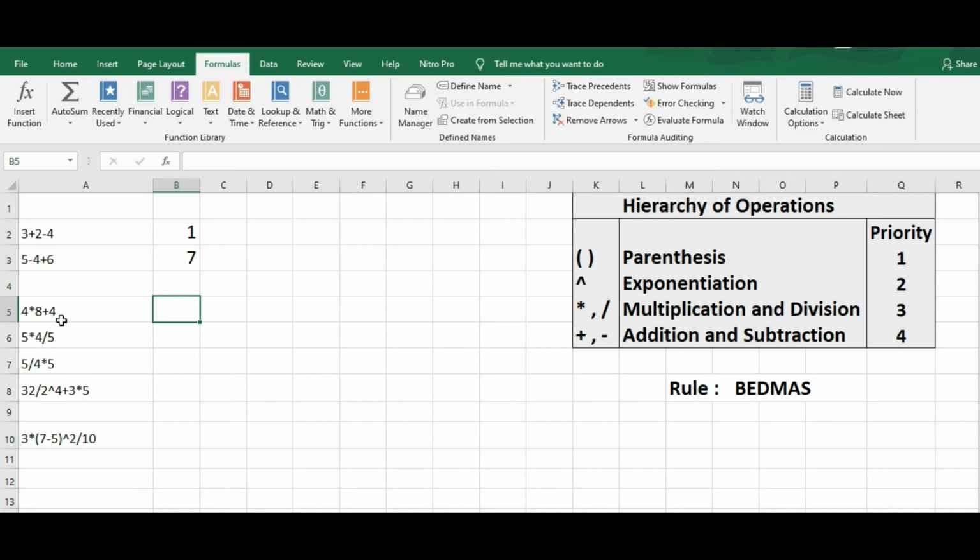So let's check the third one. 4 multiplied by 8 plus 4. Two operators are here, multiplication and addition.